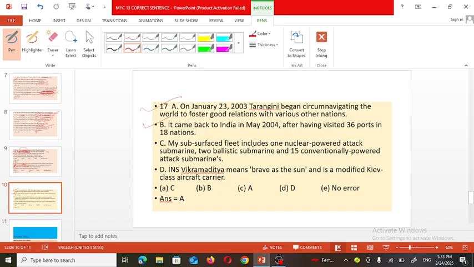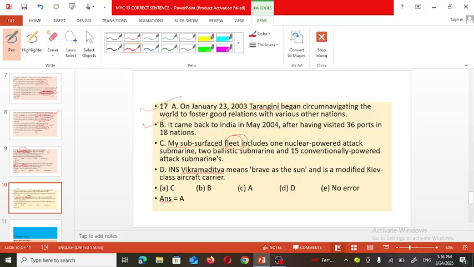My surface fleet includes one nuclear powered attack submarine, two ballistic submarines, and 15 conventional powered attack submarines. Here, my surface fleet. Fleet word means what? A group of ships, isn't it?